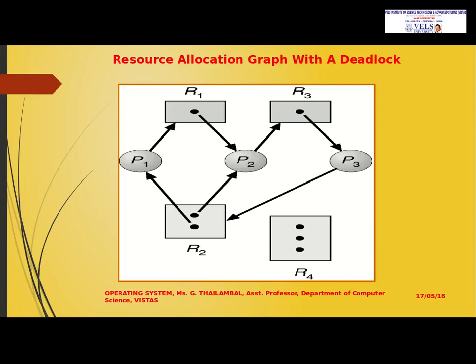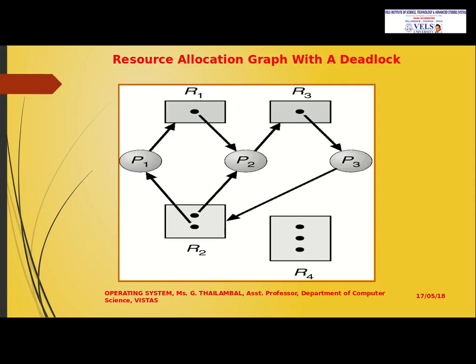R3 is with P3. P3 is allocated R3 and is also requesting R2. Only when P3 gets executed will it release R3. Only when R3 is released does P2 get completed and release R2 and R1. Only when P2 releases R2 and R1 can P1 get completed.